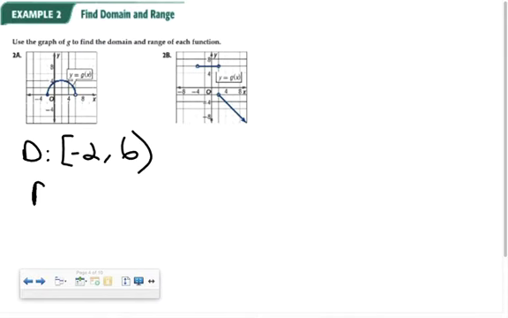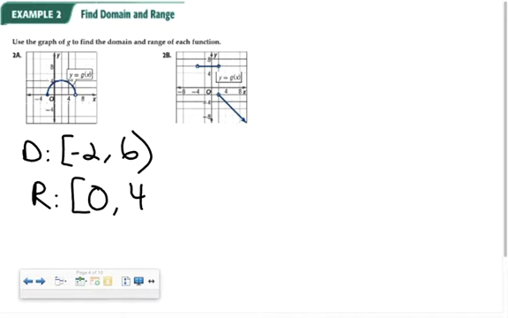For my range, if I'm looking at my graph from bottom to top, I see that nothing is happening until I hit 0. And then going up my graph, I see that after 4, I have no more values in my range.